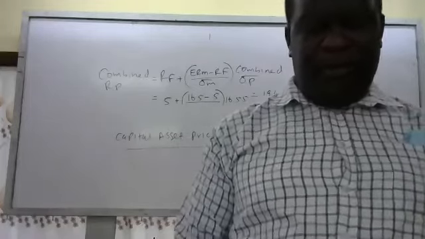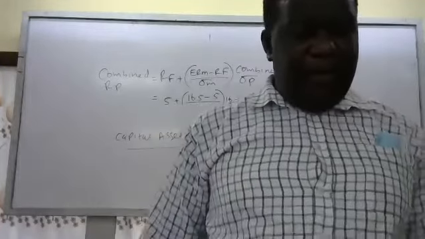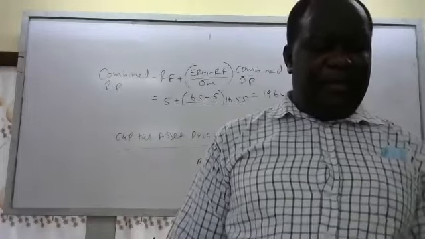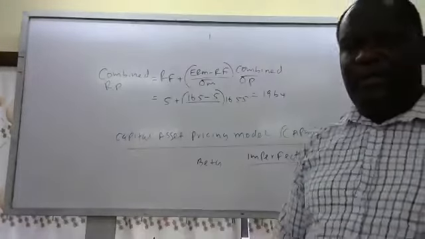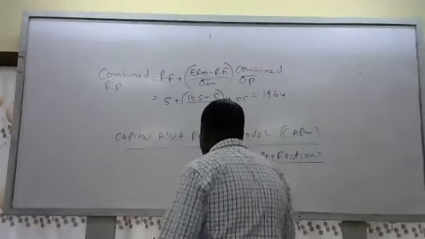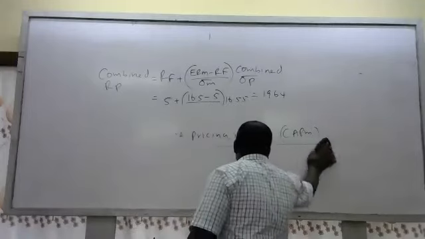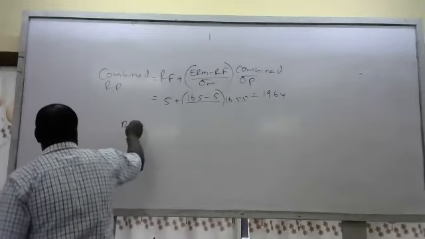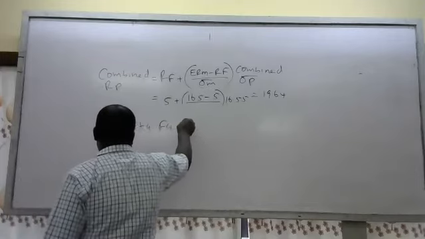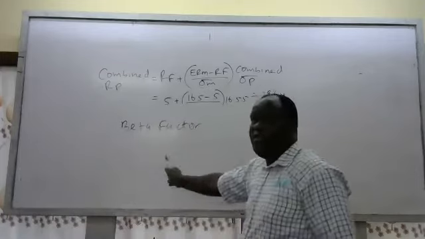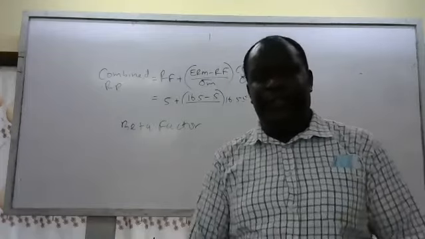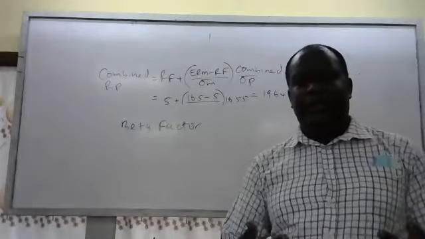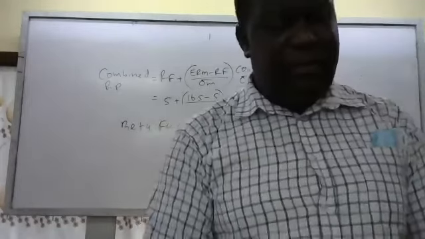Under that, we note that systematic risk is measured using the beta factor or coefficient.